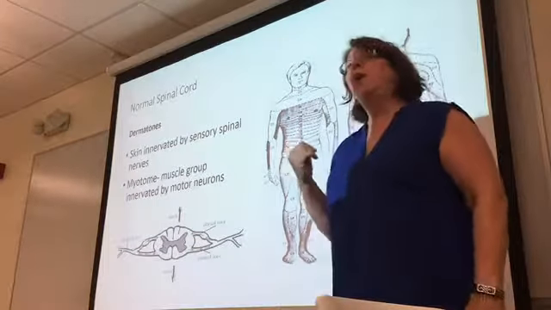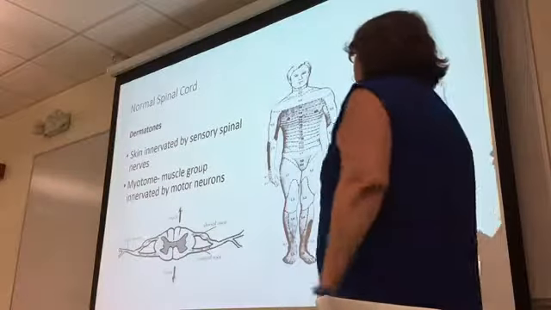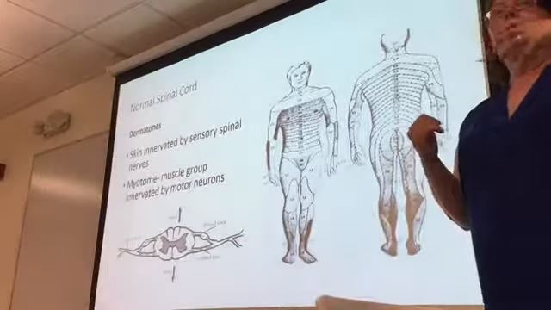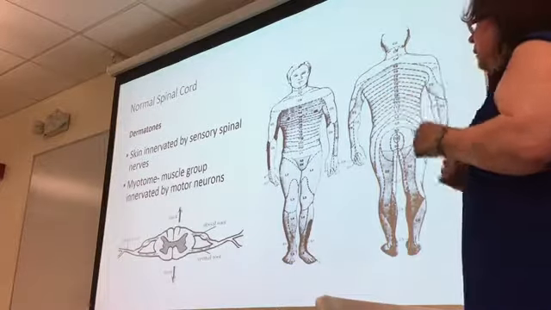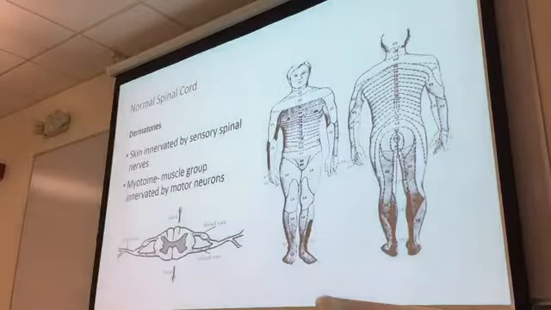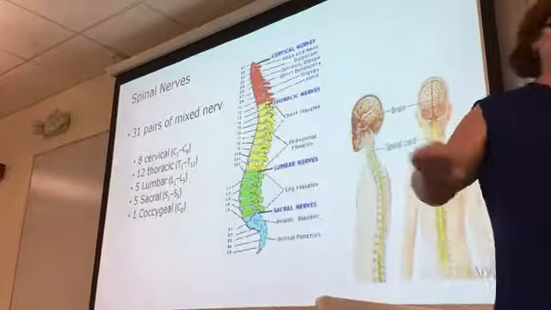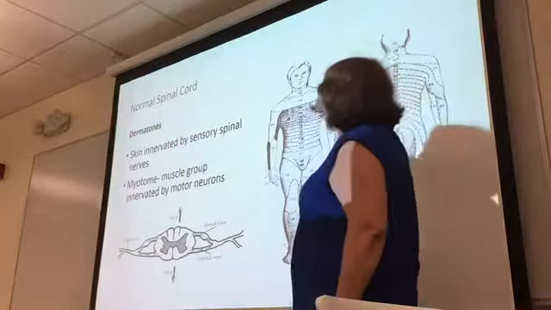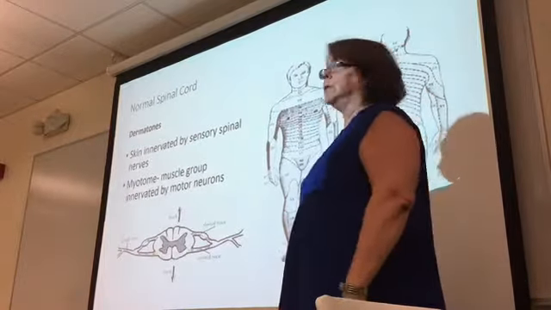So how do we know what level somebody has an injury in the spinal cord? Certainly x-rays can show me if there's a vertebrae fracture, where we could see an injury in that area. But basically, all those nerves coming off the spinal column innervate certain areas of the body. So I know that C4 innervates the shoulders.